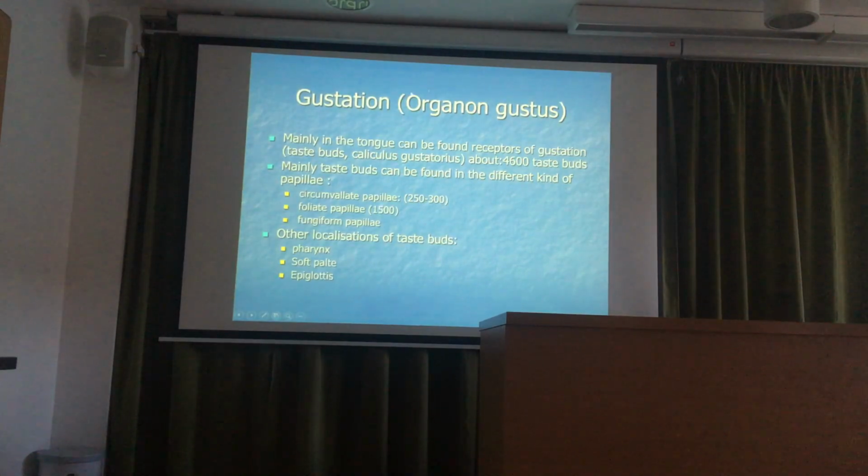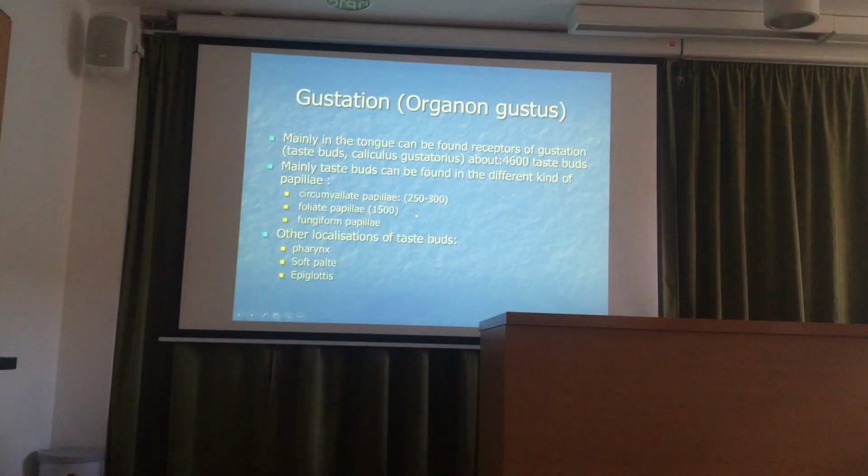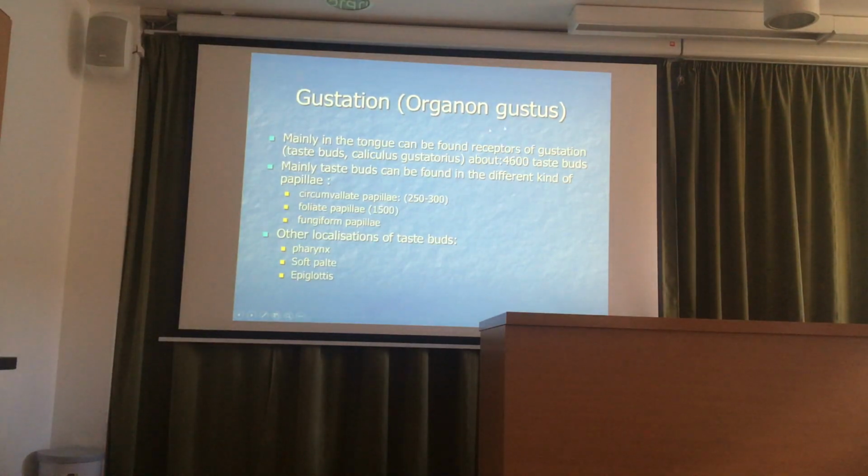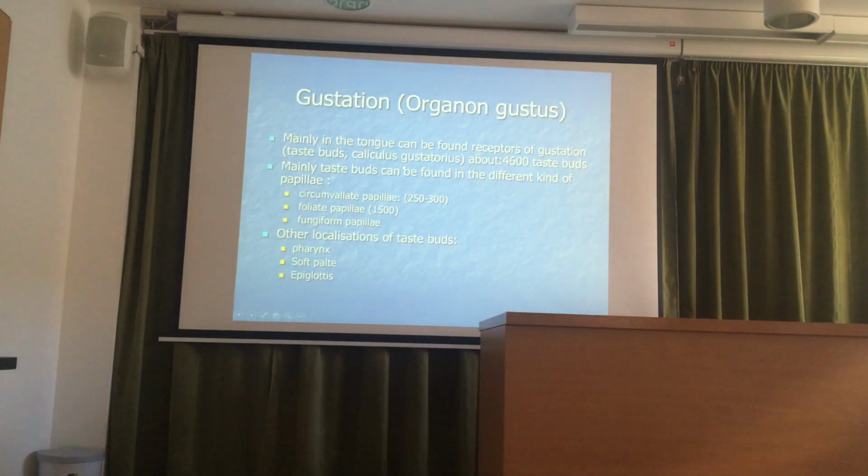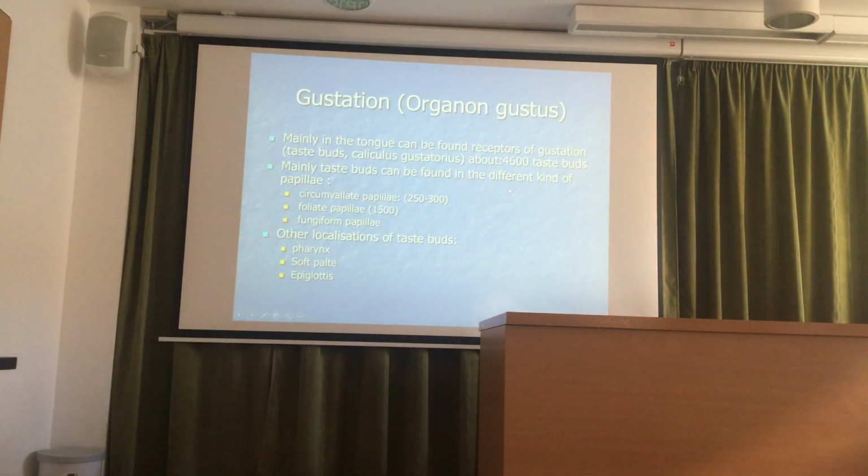So we have to talk about gustation. Organum gustus is the Latin name of the tasting system. Mainly on the tongue can be found the receptors of gustation, different kinds of receptors. These are the taste buds, or the other name, the caliculus gustatorius. Together, 4,600 taste buds can be found in the human oral cavity, but not all of them are located on the tongue.